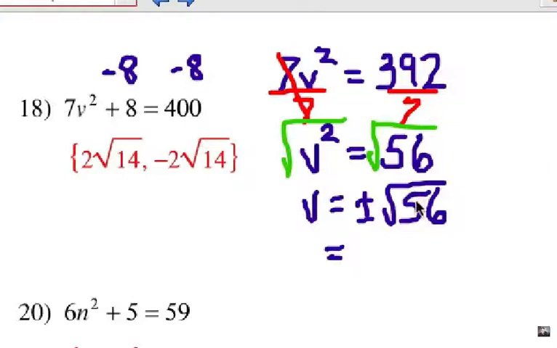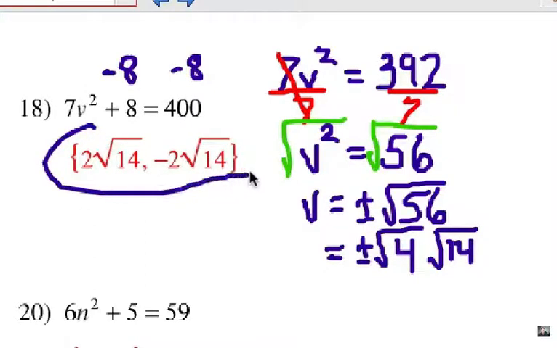Now I want to always simplify my radicals, and I know that 4 goes into 56 14 times. So I can split up my radical, square root of 4 times square root of 14, and because I can take the square root of 4, that'll be 2, and that gives me positive and negative 2 radical 14, and you can write it like that.